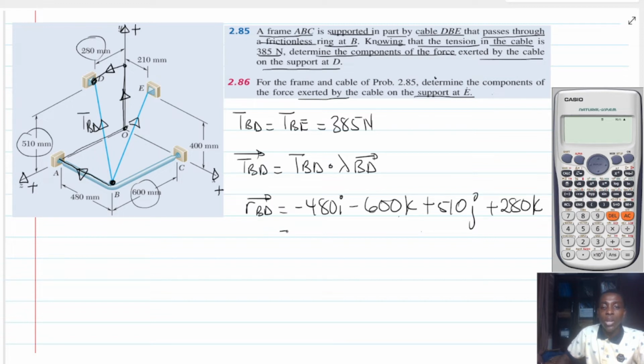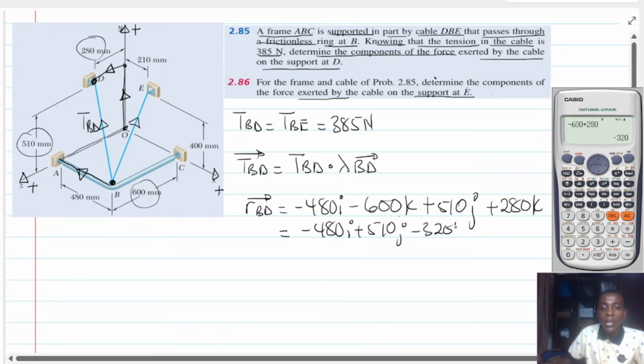Now, if I rearrange this, I'm going to get minus 480i plus 510j. What is minus 600 plus 280? That is minus 320k.